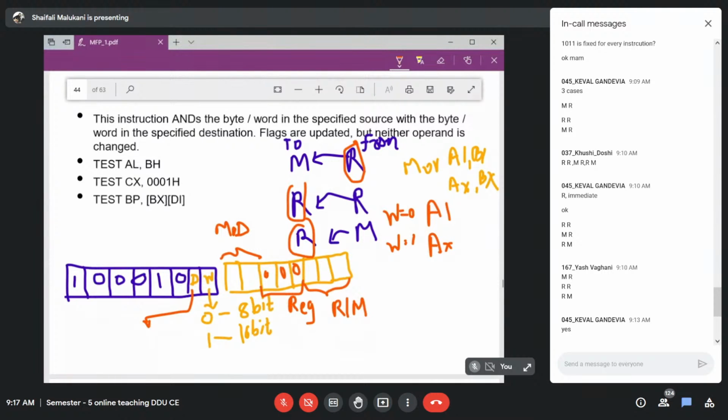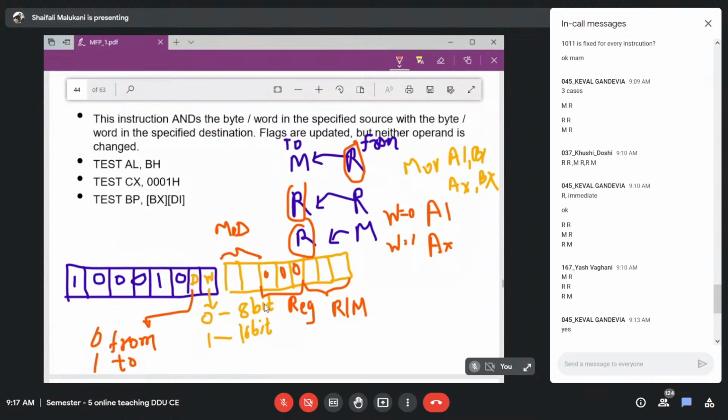If D is 0, then it is from, that means whatever is specified in register is a source, and 1 means to, whatever is specified by register is a destination.